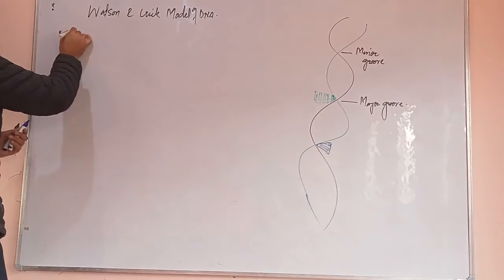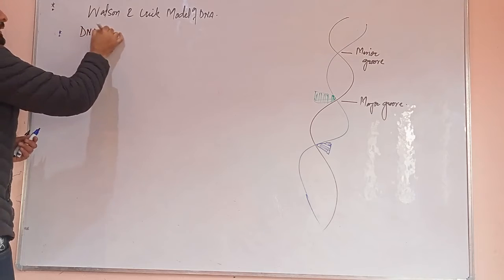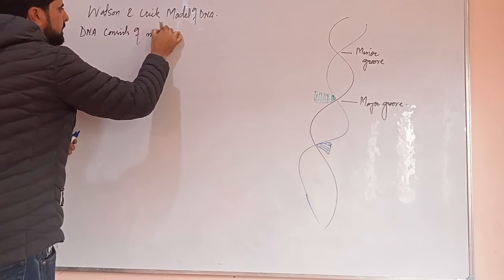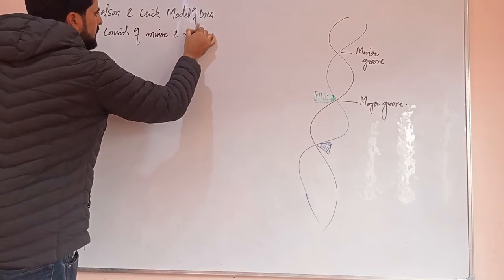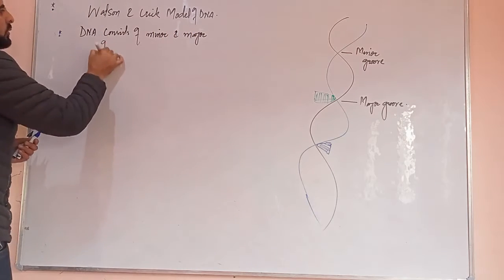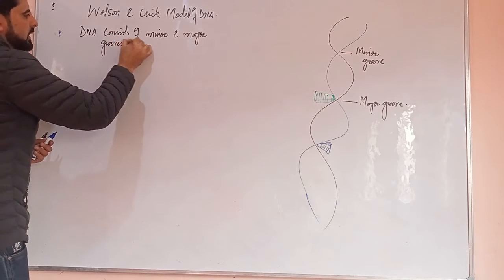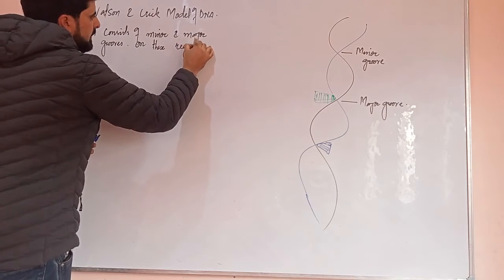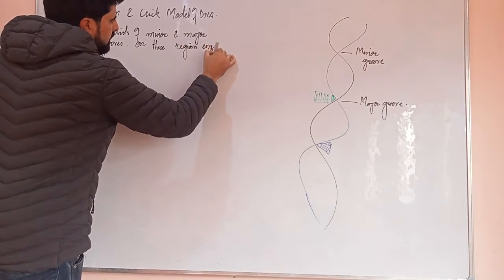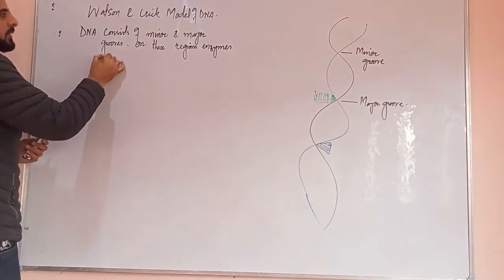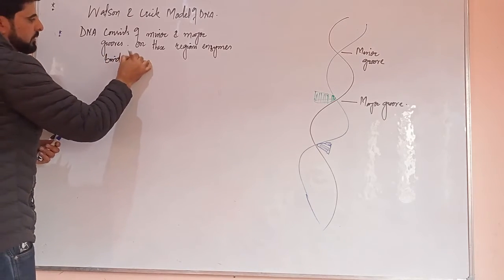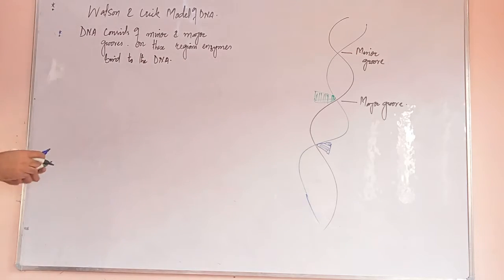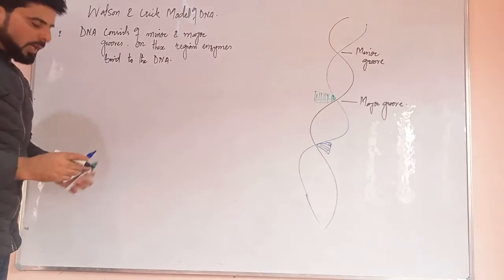So we can say DNA consists of minor and major grooves, and on these regions enzymes bind to the DNA. This is one more salient feature of the Watson and Crick model of DNA.